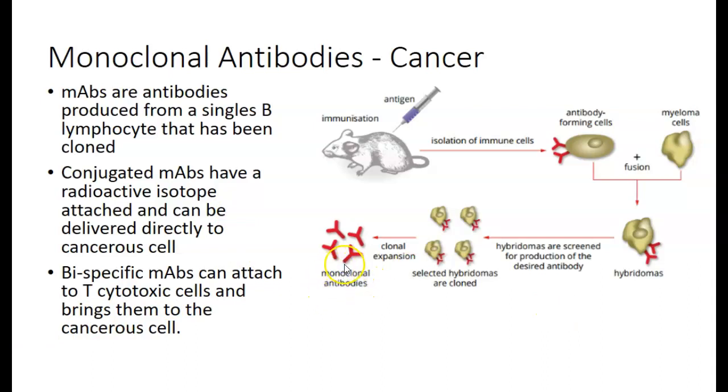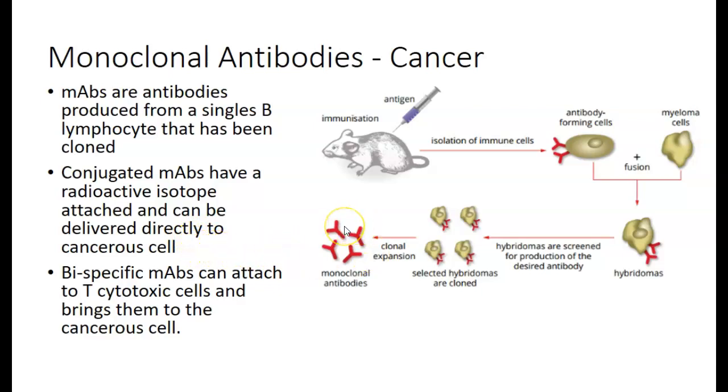We've got an antibody that can attach to specifically that cancerous cell that we want to get rid of. A couple of ways that we can manipulate this monoclonal antibody now that makes it even more usable. So conjugated mAbs. Conjugated mAbs are ones that have a radioactive isotope attached so that it can be delivered directly to the cancerous cell.